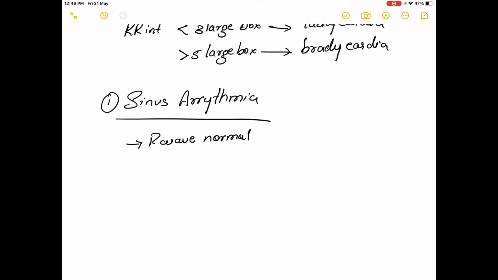Since the SA node is the pacemaker here, the P wave is normal with a normal PR interval, and the P wave is always followed by a QRS complex.